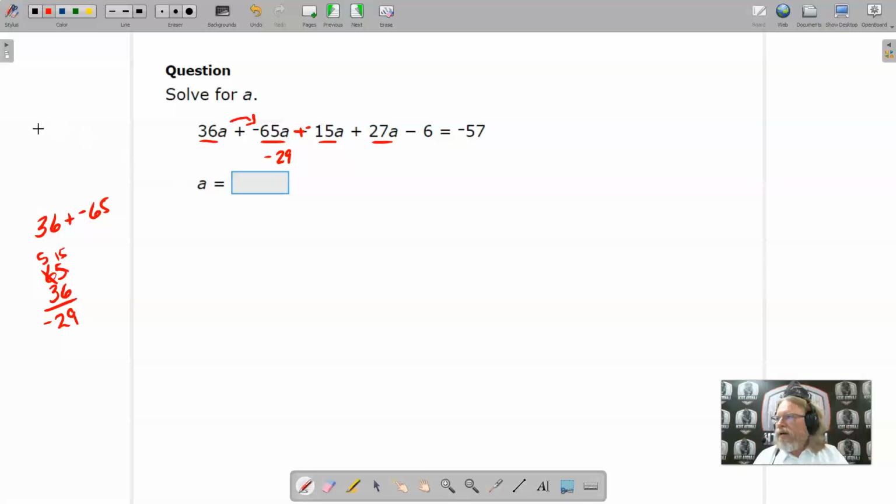So at this point here, we have a negative 29 plus a negative 15, and we know that they're both negative, so it's going to be even more negative, so we actually add those together. 29 plus 15, well, 9 plus 5 is 14, carry the 1, and we have 4, so we end up with negative 44 at this point. So now we're at negative 44, right?